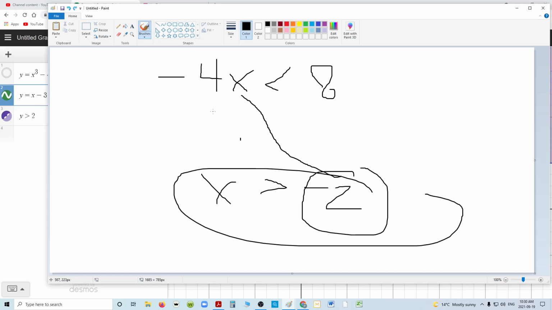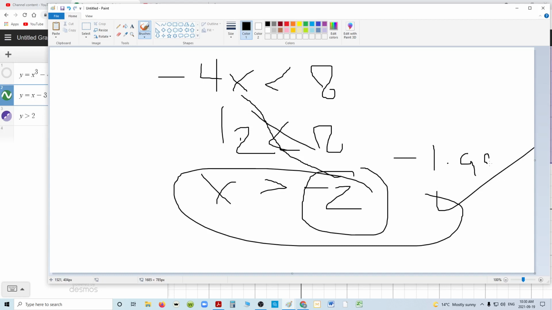When I put minus 1 in there, I get 4 is smaller than 8, which is true. And when I put minus 3 in there, I get 12 is smaller than 8, which is not true. So therefore, this works, and I can discover it even more finely if I take minus 1.99 and minus 2.01. This one won't work, and this one will.